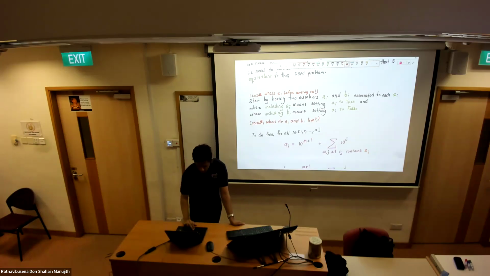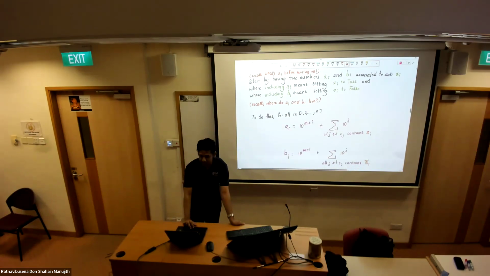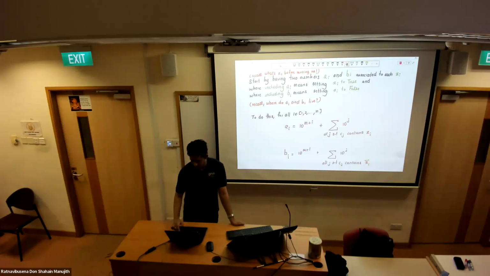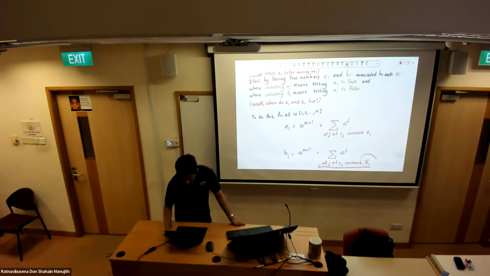Now I'll define bi as well, essentially the same as ai. bi equals 10 to the m plus i plus the summation of 10 to the j such that Cj contains xi bar. Previously we looped over clauses that contain xi, now we loop over all clauses that contain xi bar.